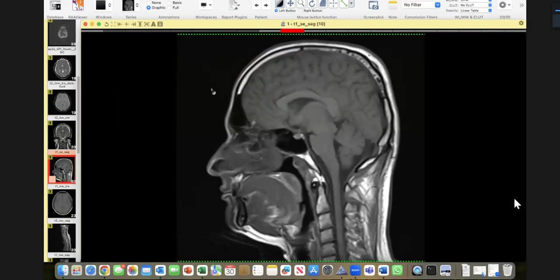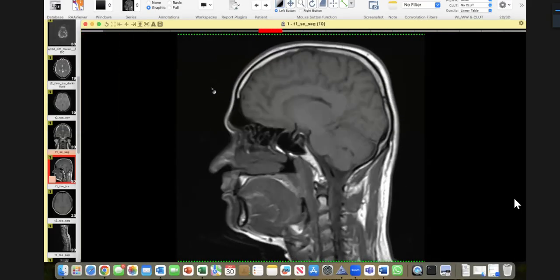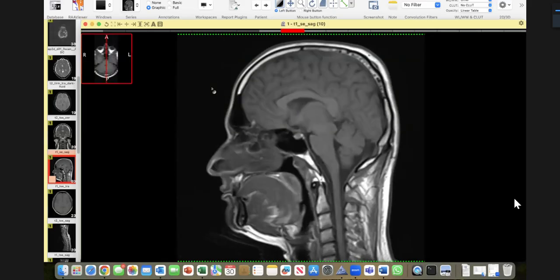Okay, sir, T1 weighted sequence. No, sir, there is no definite tonsillar herniation in these provided images. However, sir, I will inform my finding to the referring physician. So there is a decreased distance between the mammillary bodies and the midbrain as well.